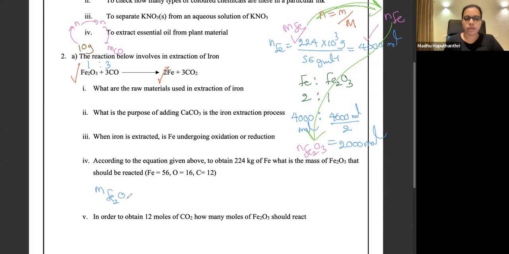Then mass of Fe2O3 will be 2000 moles by Fe2O3's molar mass, which is 56 times 2 plus 48. Is it 150? Have I made a mistake? Check on that quickly. Is the number correct?